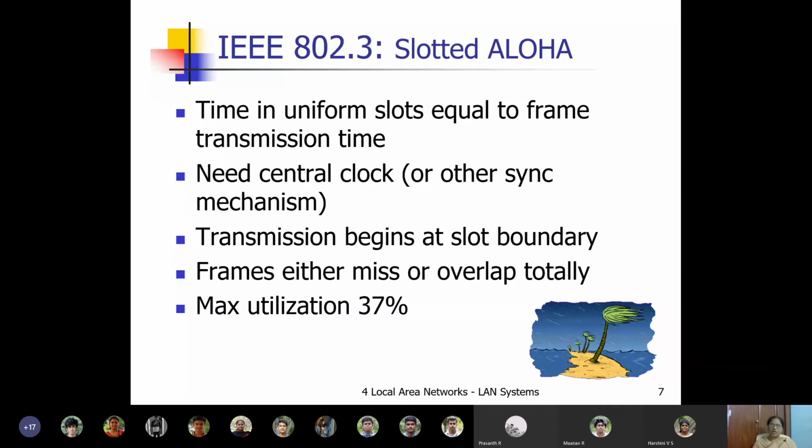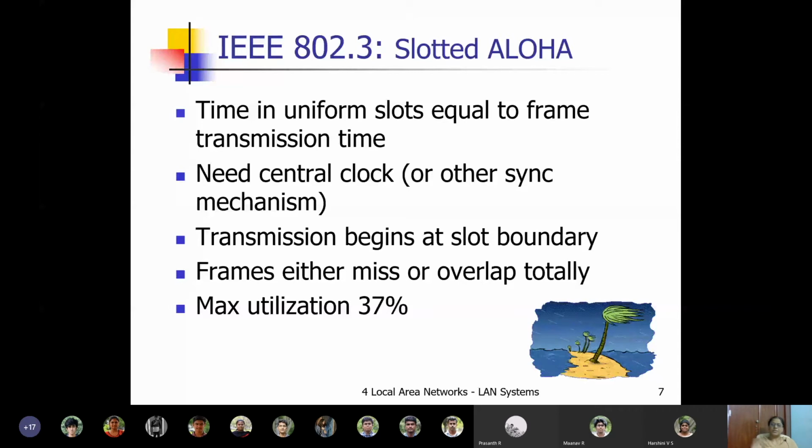If I have anything to transmit, I cannot transmit when my frame is ready. Instead, I'll wait for the beginning of the time slot. I can transmit at the beginning of the 0th second, 15th second, 30th second. So this minimizes the chance of collision.